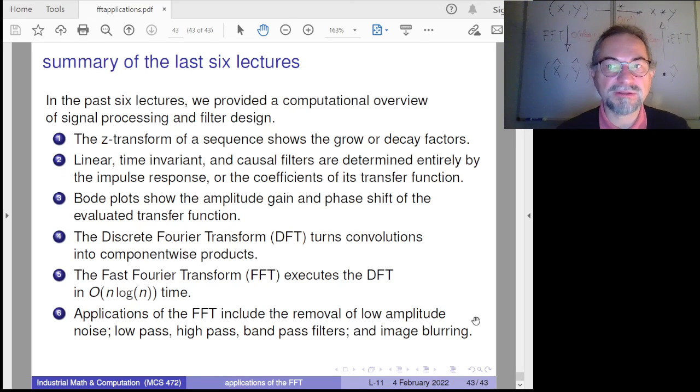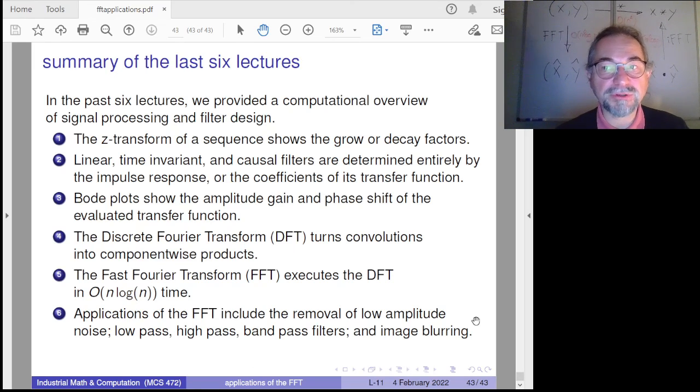So the Z-transform of a sequence shows what are the important factors in the sequence, whether there's growth or whether there is decay. So the Z-transform of the impulse response of a linear time invariant and causal filter then gave rise to the definition of a transfer function.